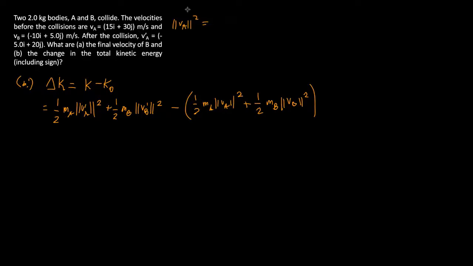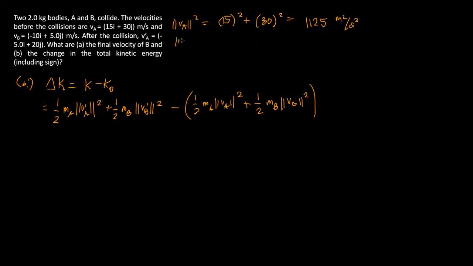That's just gonna be 15i, so 15 quantity squared plus 30 squared, that is 15 squared plus 30 squared, that is 1125. Ang unit is square meters per square seconds.